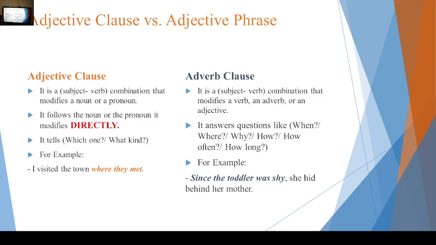So for example, when you say, since the toddler was shy, she hid behind her mother, where is the subordinate clause? First, it is since the toddler was shy. This is our subordinate clause. What type of subordinate clause is it? Adjective clause or adverb clause? Let's see.